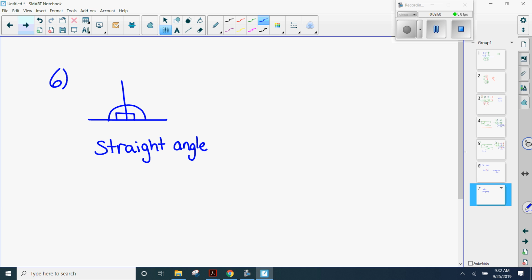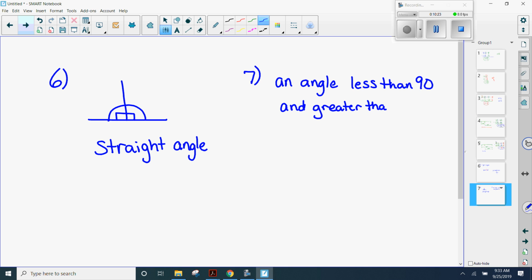Number 7. What is an acute angle? Less than 90 and greater than 0. An angle less than 90 and greater than 0.